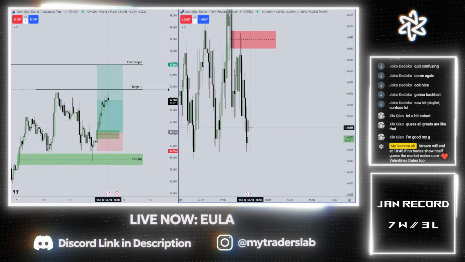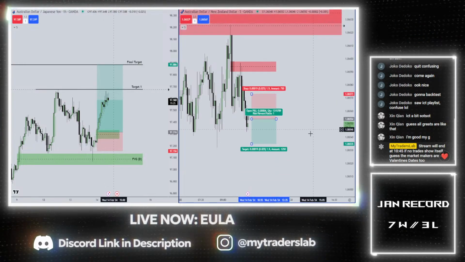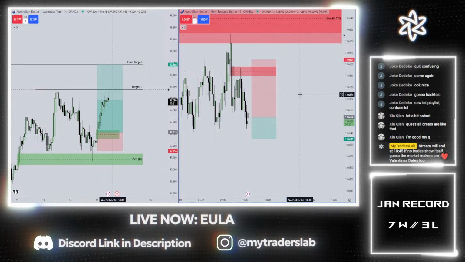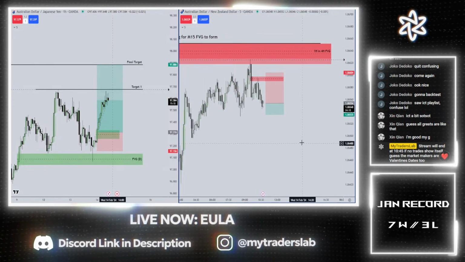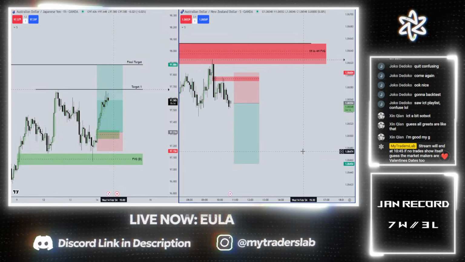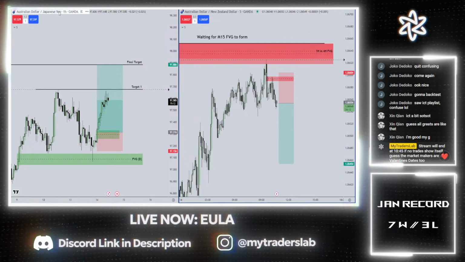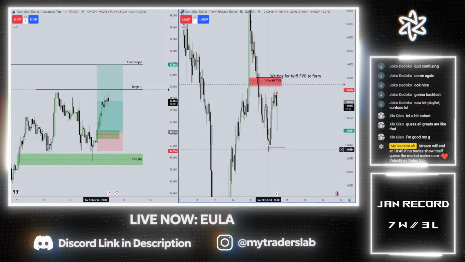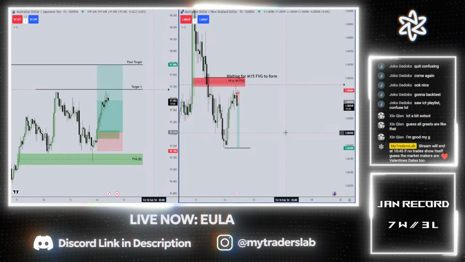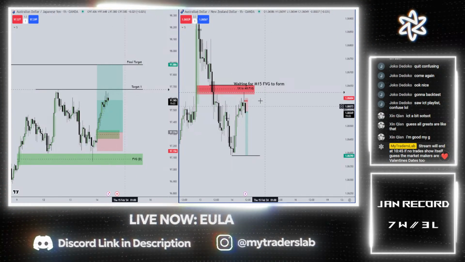So if we place an entry here, then we might be able to get this kind of entry for 5 pips stops, which is pretty decent. Aim for a nice 1 to 2, 10 pips, which is honestly not that much. On the higher time frame, we are actually targeting this low over here. So if you want to hold all the way with a 5 pip stop, you technically can do that as well.